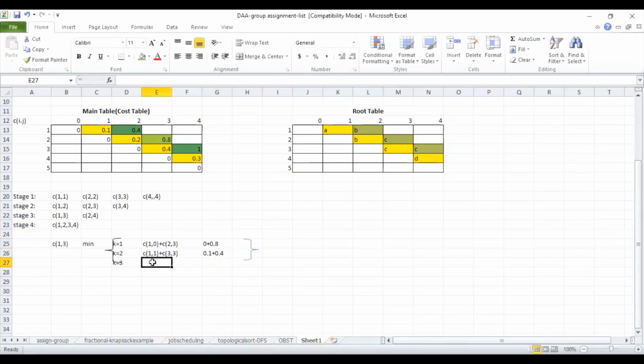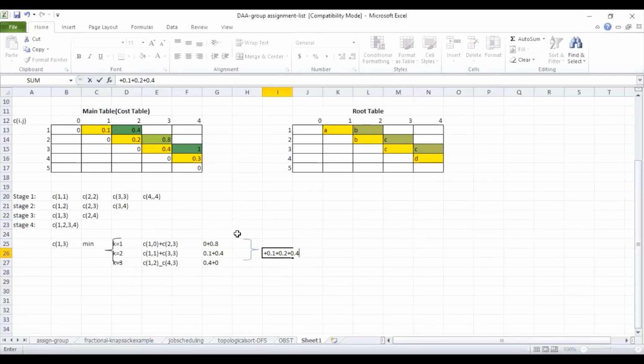Similarly, with k is equal to 3, i remains as 1, k minus 1 would be 2, plus C of k plus 1 would be 4, j would be 3. So C12 we got as 0.4 plus this entry would be 0. So plus we add the respective search probabilities of 1, 2, and 3, which is 0.1 plus 0.2 plus 0.4.